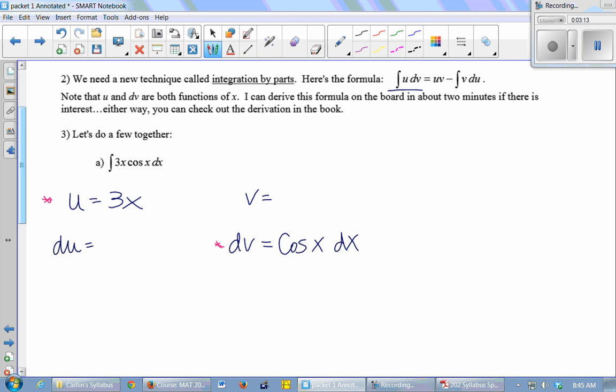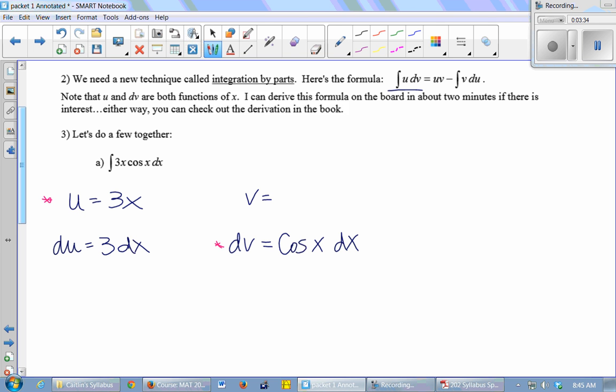All right, so what is the derivative of 3x? 3. So du/dx is 3, which means du is 3 dx. Does that make sense? I just multiplied both sides by the dx. And that's where this dx comes from also.